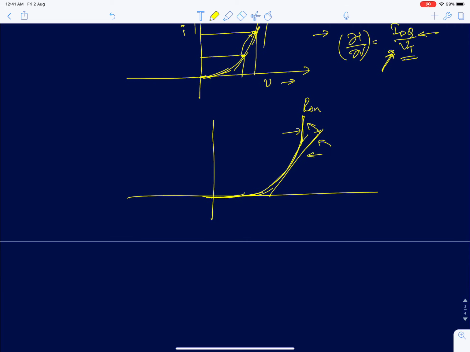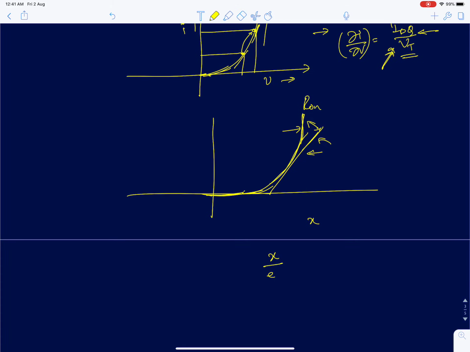This is a linear equation which is of the form x. I'll just assume y equal to f of x, kind of a function. You have an exponential function which is increasing exponentially, and if you divide this by x, or let me define it this way, x by e power x, this function in the limit as x tends to infinity will always tend to 0.